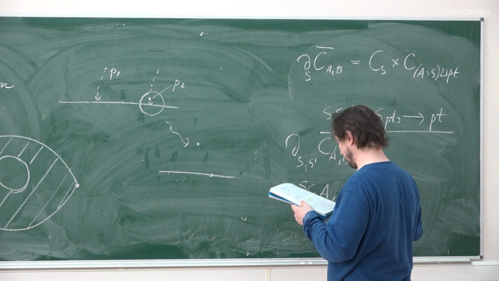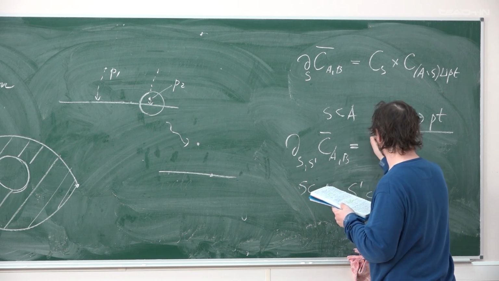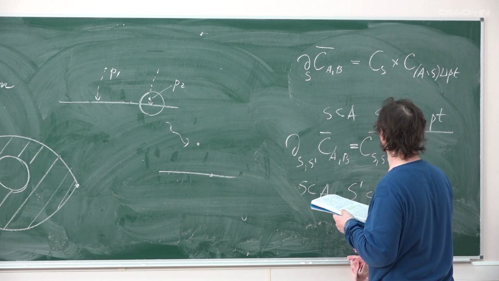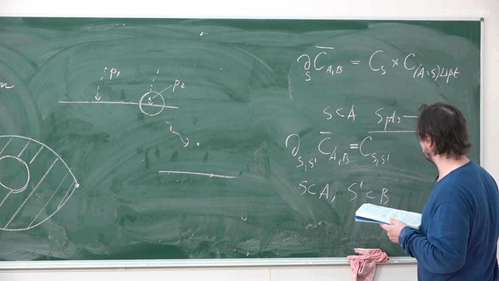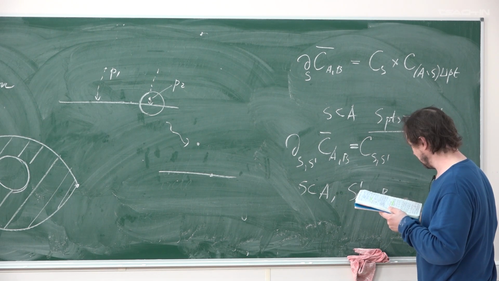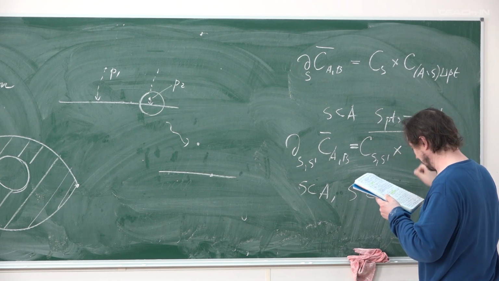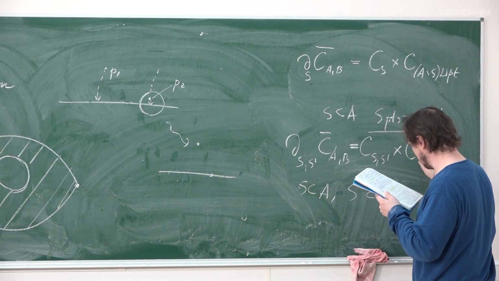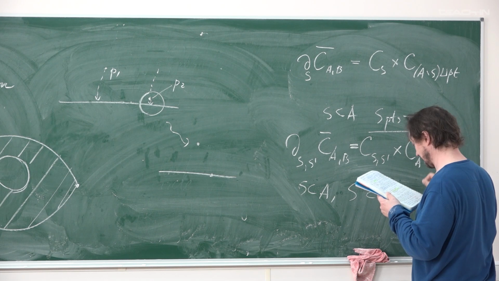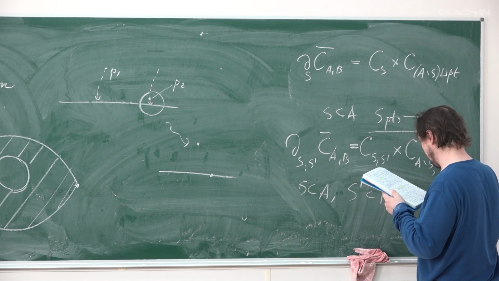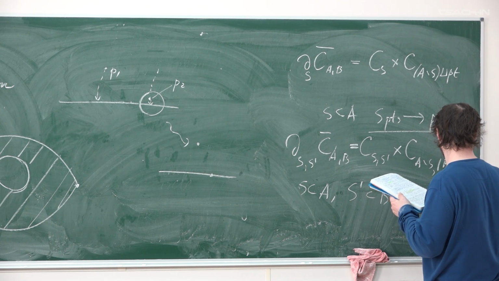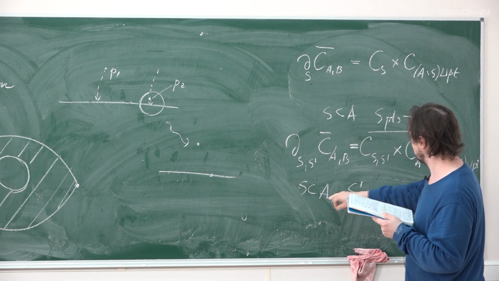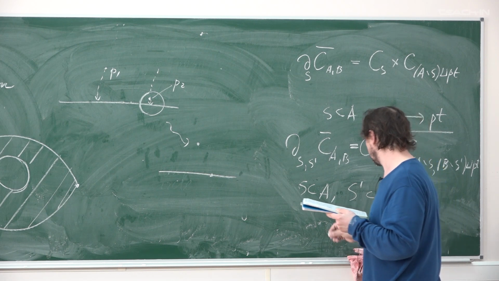And that will give us the Cartesian product of C_(S,S'), precisely in the same way as before. Use a magnifying glass on them, and this gives us this configuration space. And what remains is C_(A minus S, B minus S'), to which you add one point: the image of S and S' merged together.